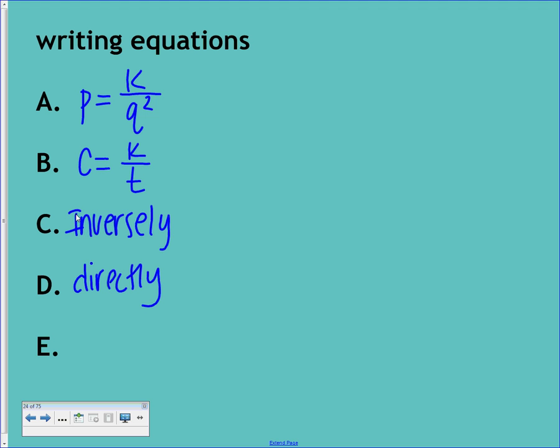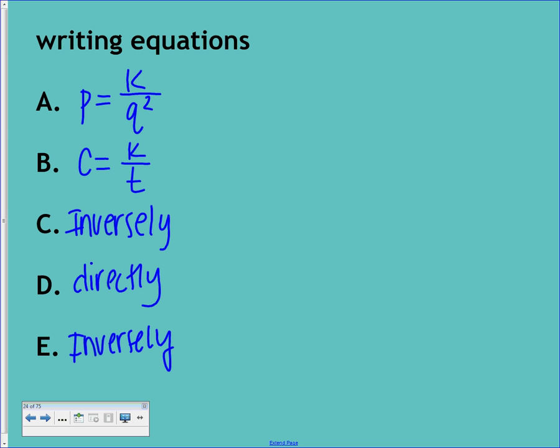So if I need to get an oil change faster, that means I have driven more miles. So one up, one down means inversely. Sometimes these can be tricky when you're trying to fill in the blank, so I would just come up with a scenario where you're increasing one of the variables and then see what happens to the other. If they both increase, then it's direct. If one increases and one decreases, it is inverse.